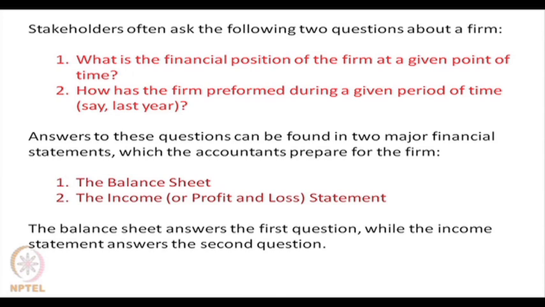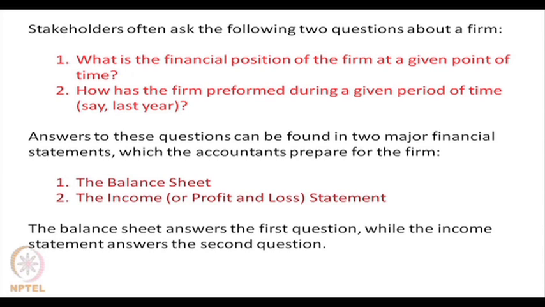Answers to these questions are normally found in two major financial statements which the accountants prepare for a firm: the balance sheet and the income or profit and loss statement. The balance sheet answers the first question.